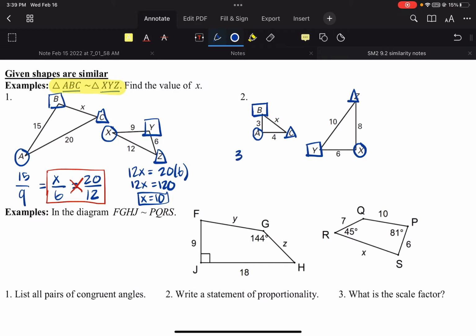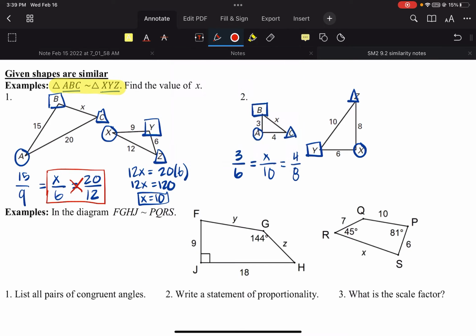AB, which is 3, is proportional to side length 6. And then x, or BC, is proportional to 10. And then AC, 4, is proportional to 8.